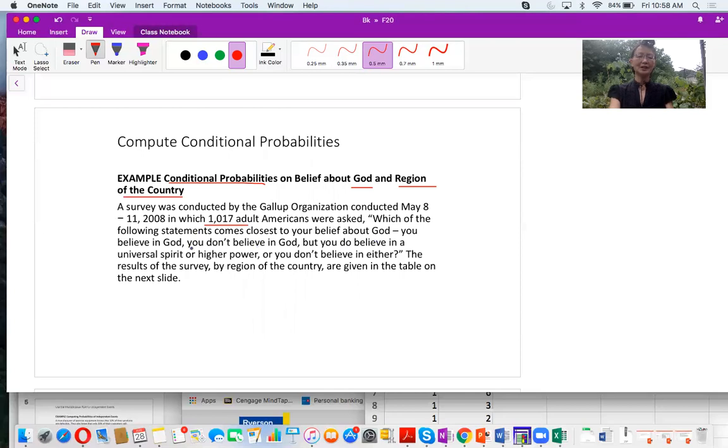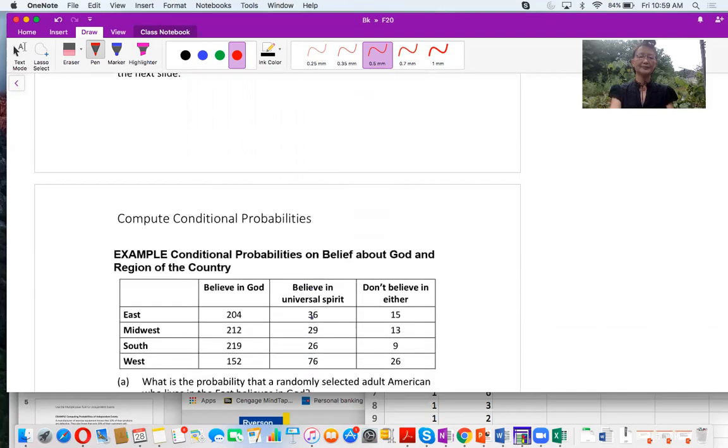You believe in God. You don't believe in God, but you do believe in a universal spirit or higher power. Or you don't believe in either. The results of the survey by region of the country are given in the table in the next slide.